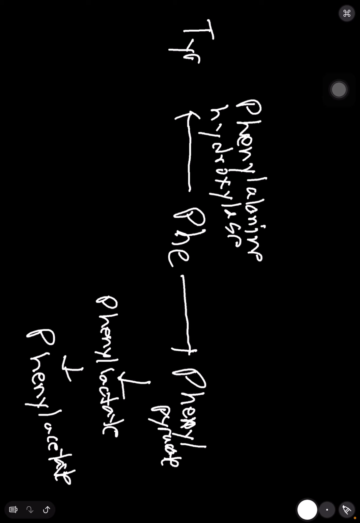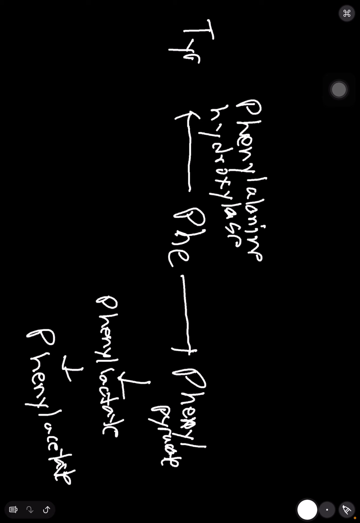You'll notice a lot of our enzymes end with the suffix -ase, and the rest of the name describes what's going to occur. So phenylalanine hydroxylase is an enzyme that catalyzes the addition of a hydroxy group onto phenylalanine. If you compare the structures of phenylalanine and tyrosine, you'll see they're similar, but tyrosine has an OH group.